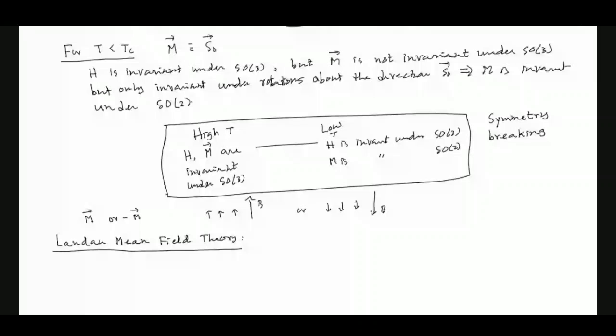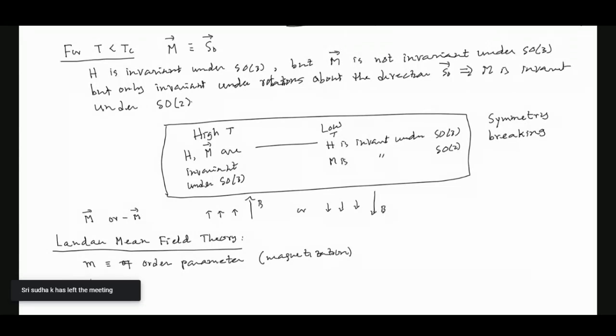Of course, I keep in the back of my mind that M is supposed to be magnetization, and then I define my T as T minus Tc over Tc. Sometimes it is called reduced temperature or scaled temperature, whatever.